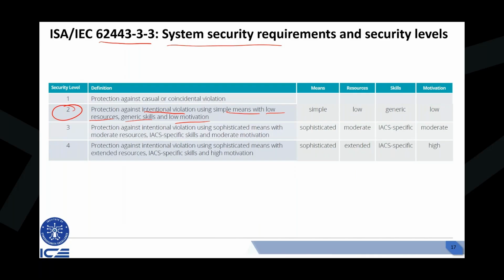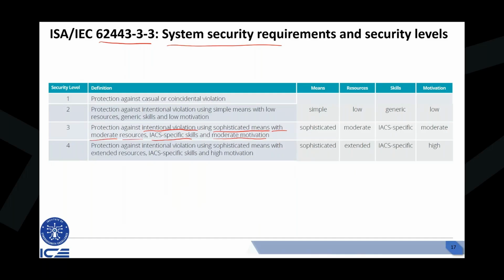If you want to protect your system against intentional violation, same as the previous one, using sophisticated means with moderate resources, maybe IACS or control system specific skills, and moderate motivation.